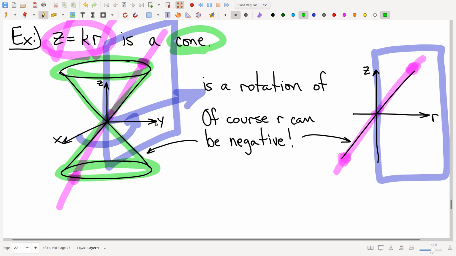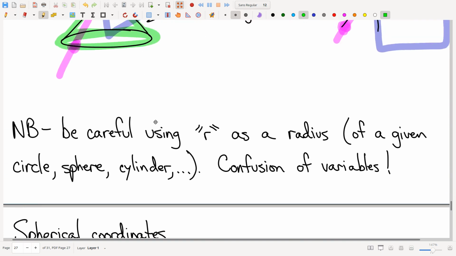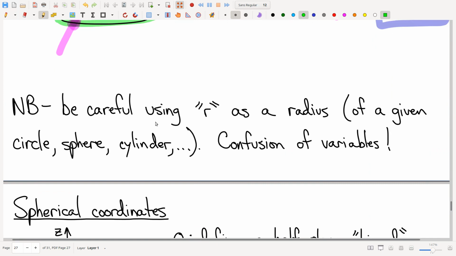Okay. Alrighty. Spherical. Oh, you know what? I got ahead of myself. So, yeah, I do want to warn you about one quick thing. You do have to be careful with the letter R going forward. If you're in rectangular coordinates, and you're fixed, dedicated, no way out, you're going to guarantee stick with rectangular coordinates, then R is just another letter of the alphabet, and it's kind of convenient to use R to represent the radius of whatever you might be looking at, and that's nice, right?